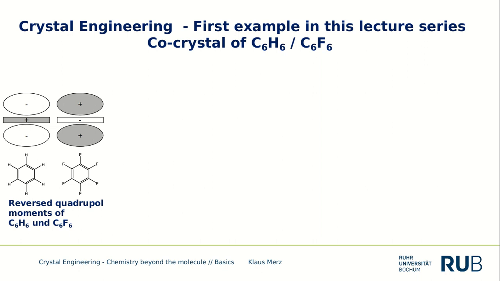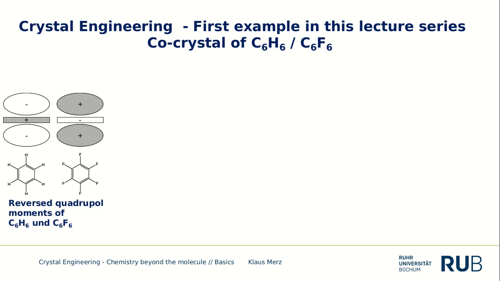hexafluorobenzene. What is the situation in hexafluorobenzene? Fluorine atoms are highly electronegative and they withdraw the electrons from the ring. The result is exactly a reversed quadrupole moment compared to benzene. Yes?